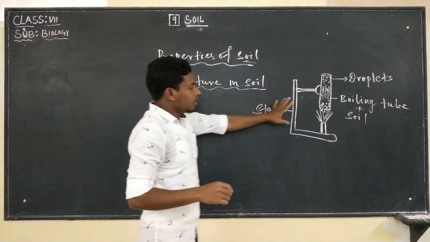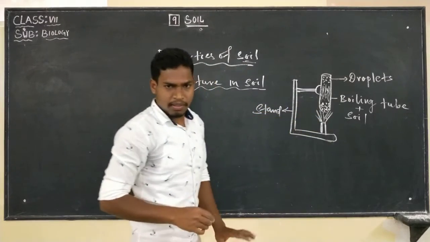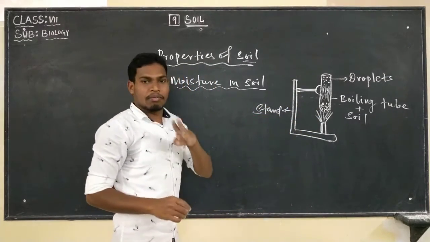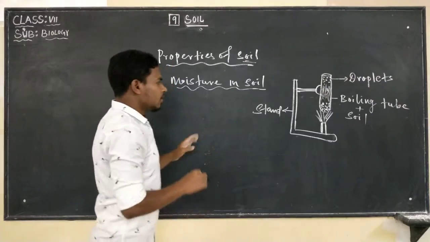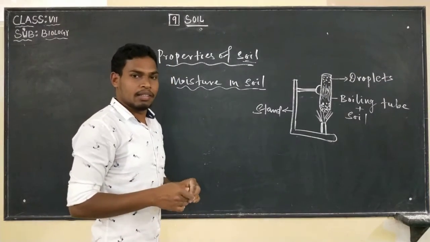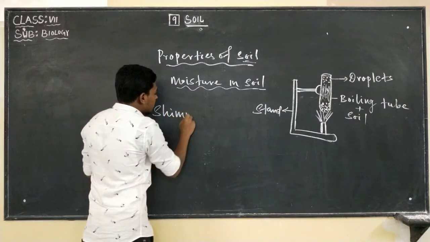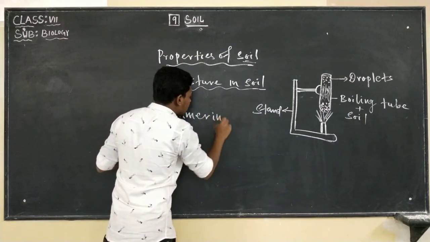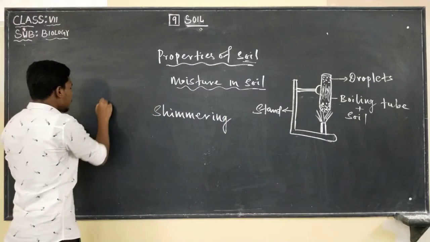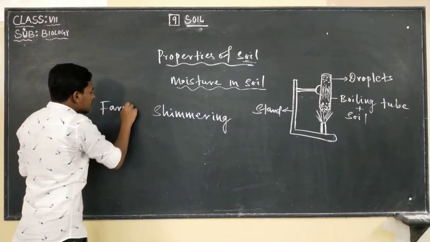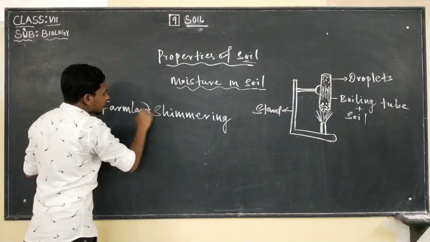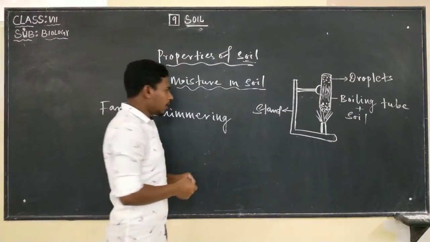So in summer seasons, what happens? Farmland is going to appear shimmering. Farmlands will shimmer. Why?